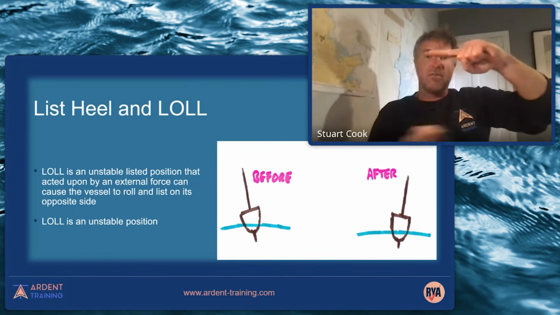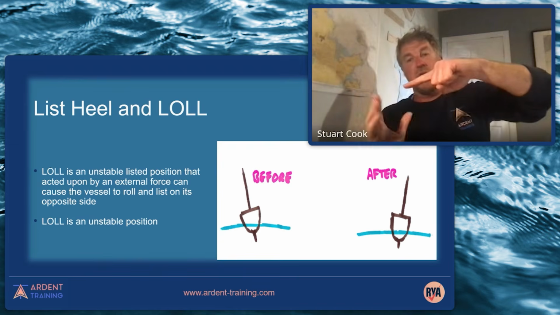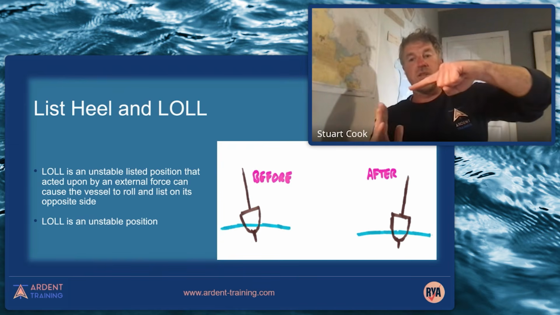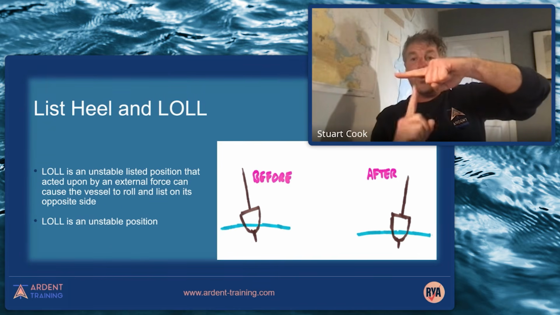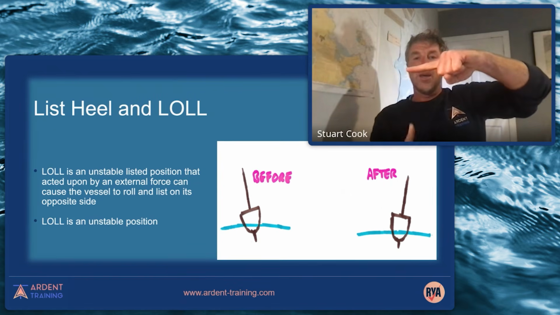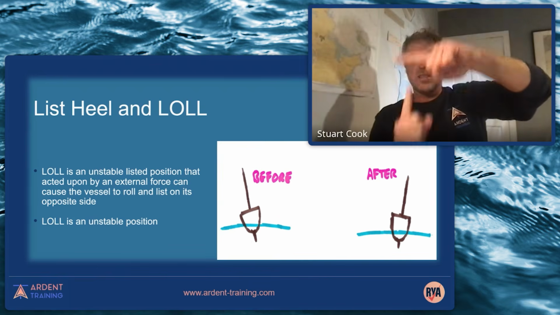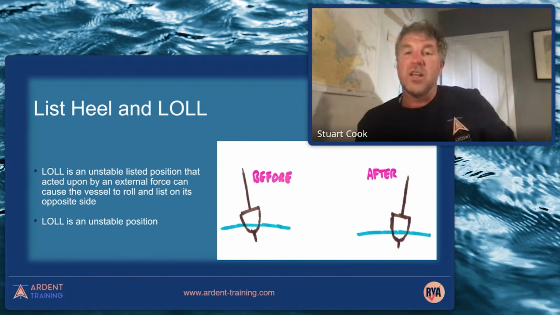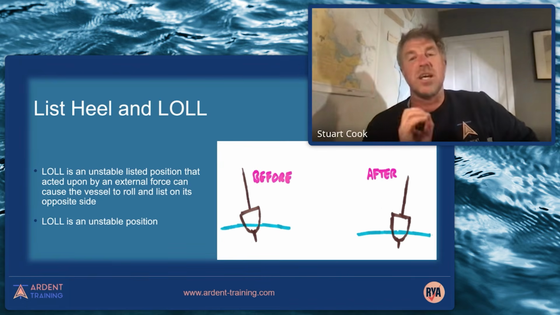The shape of the vessel or object, when it heels, has caused the buoyancy force to act upwards, but not enough that a vertical line goes above the center of gravity. That vertical line comes below it, and you have a negative metacenter, and that would be a loll. So it still stays upright, but it's so unstable.